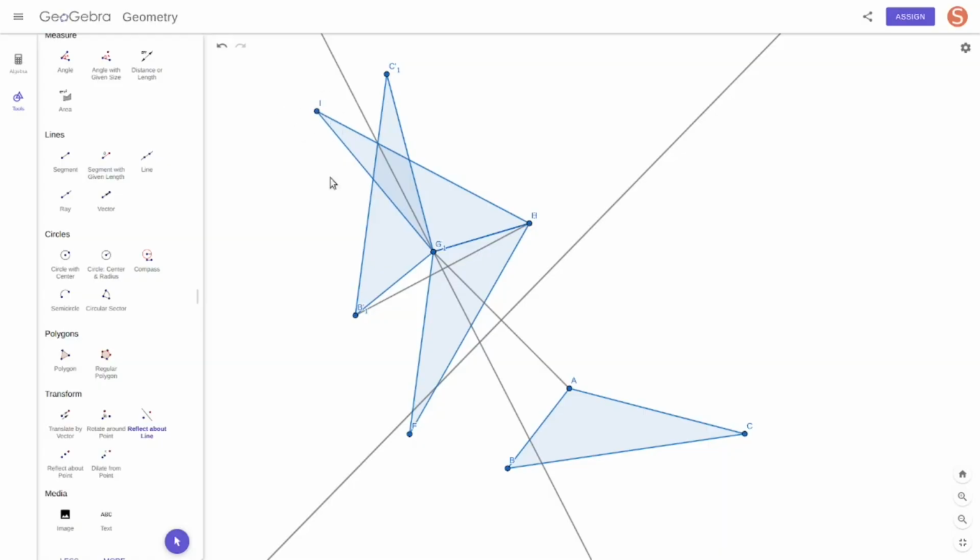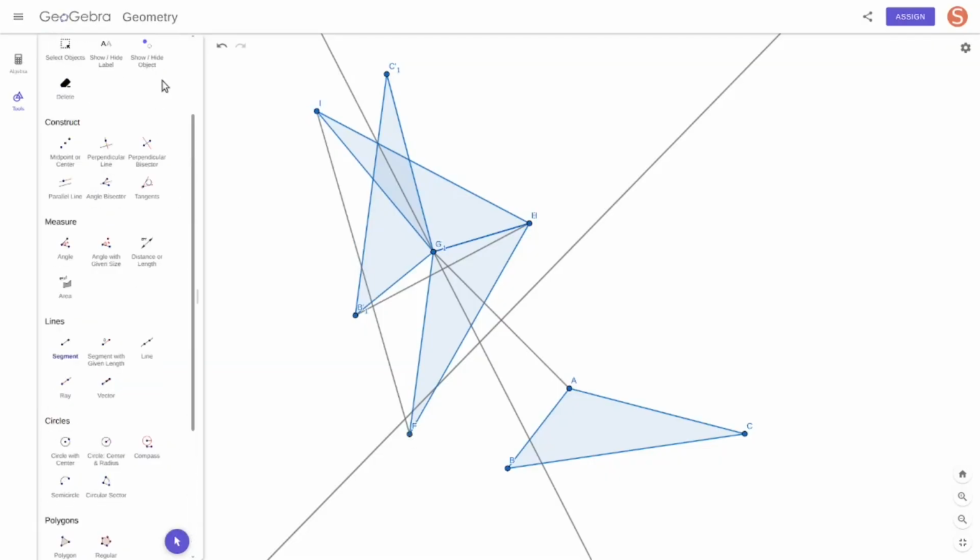I want to send this I to F now. So I construct the segment here, IF, and I construct my perpendicular bisector of that segment. You notice both these points are on the perpendicular bisector because they are equidistant from the endpoints, right?